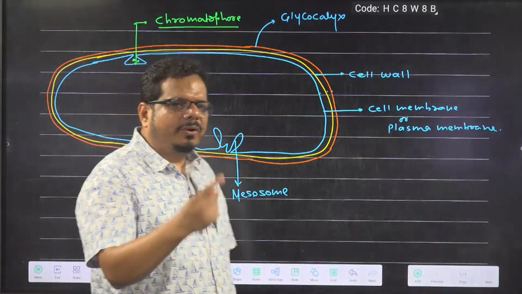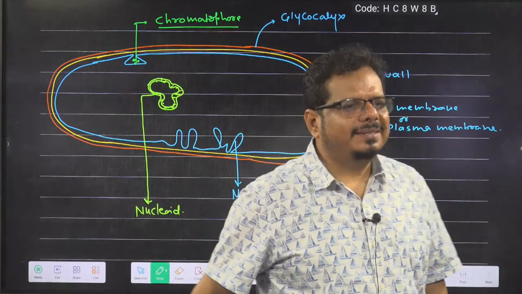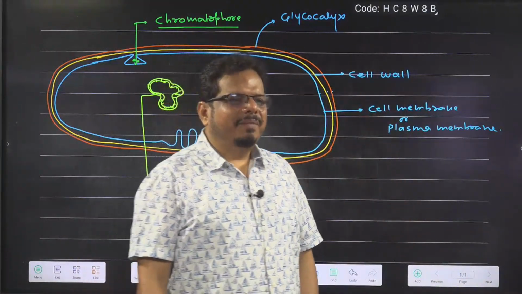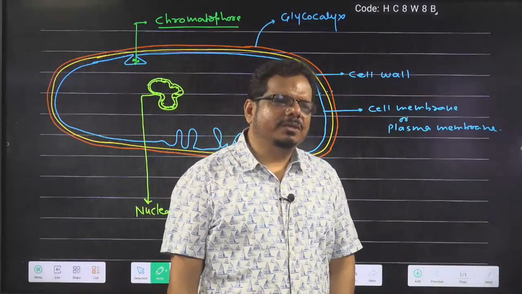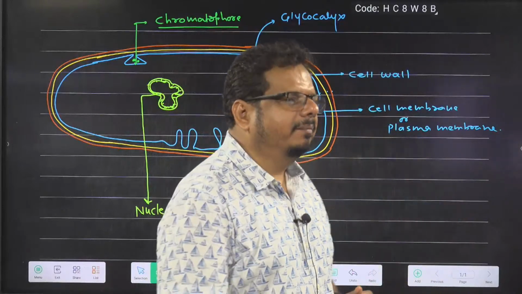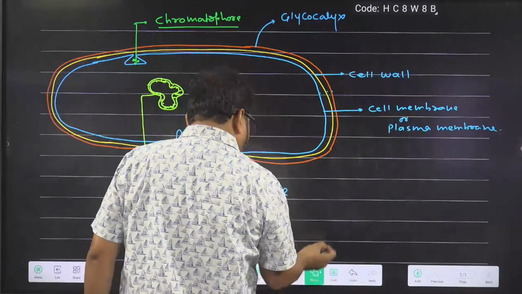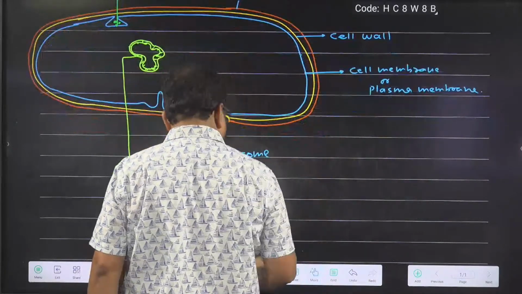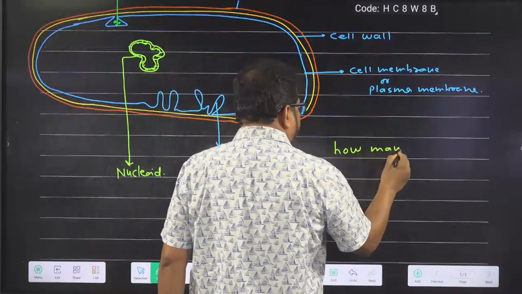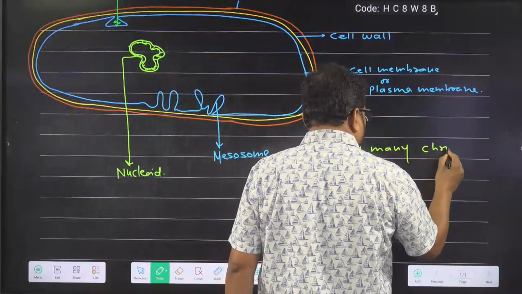How many nucleoids are present in a prokaryotic cell? One. Many times this question came in medical entrance exams, the NEET exam. They ask a question: how many chromosomes?